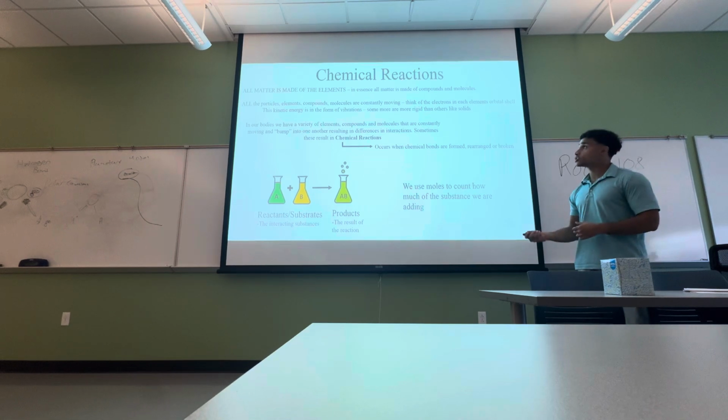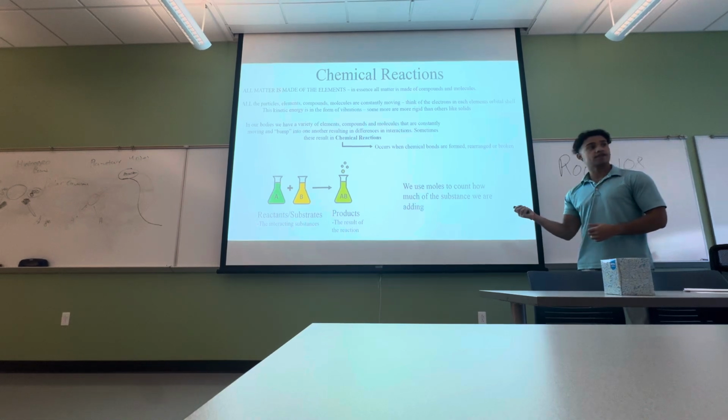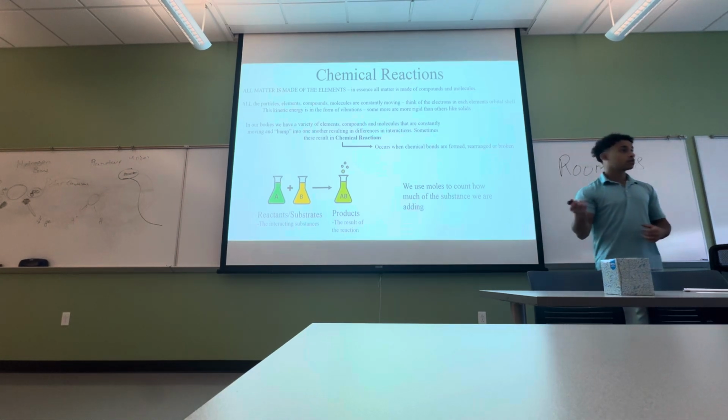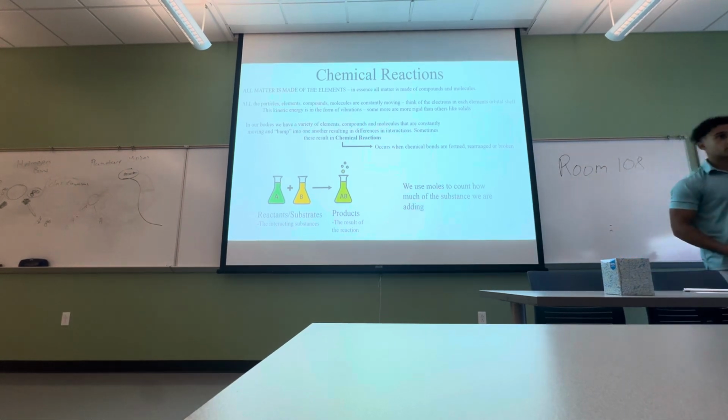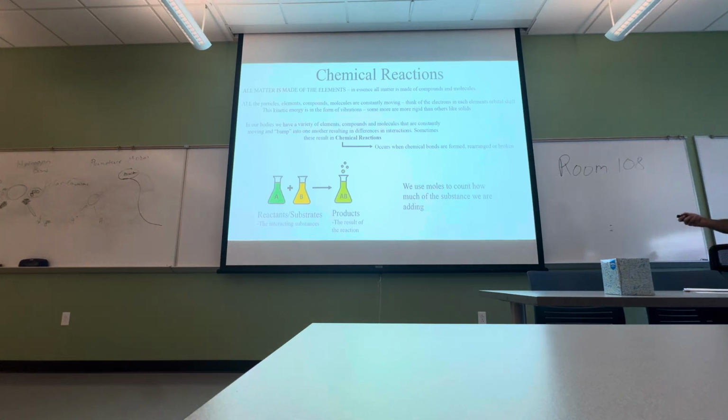And these interactions are called chemical reactions. Okay? So these things are constantly occurring. Now, the concept of chemical reactions is something that occurs when chemical bonds are formed, rearranged, or broken. That's what a chemical reaction is.